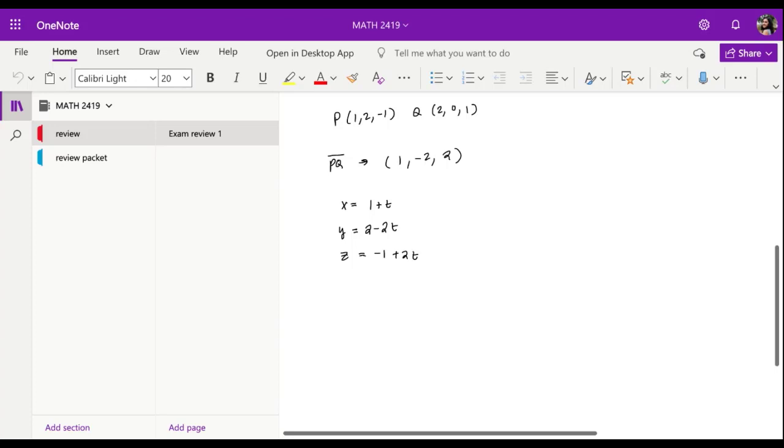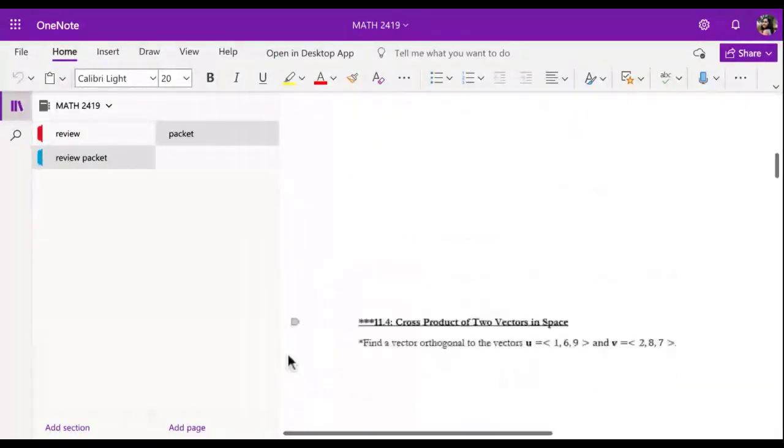And this one says to find the parametric equations of line segment PQ. So our t's domain is going to be limited because it's saying to find it with the line segment. So our t will be within 0 and 1. But if we look at the next question, go back to our review packet here.